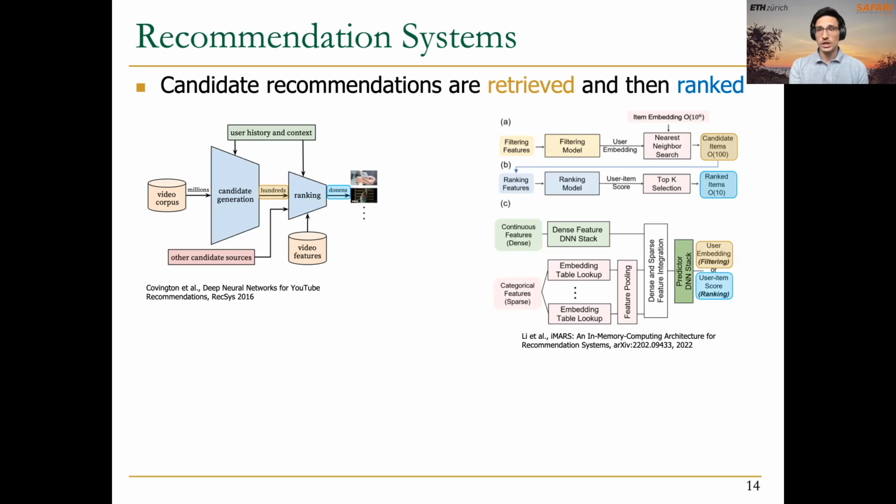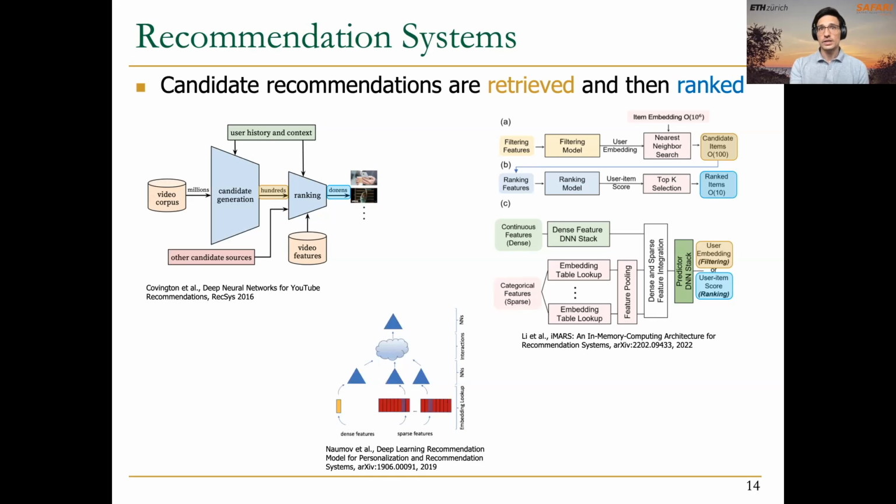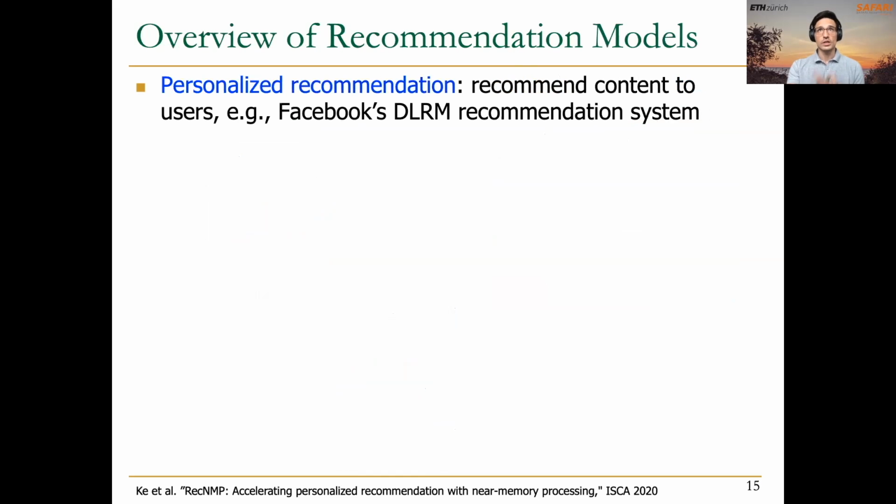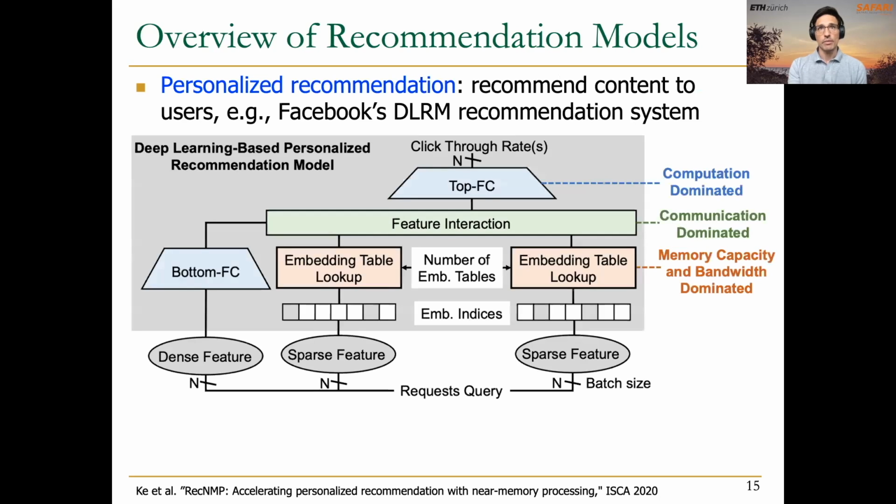And the one that you see here in figure C is based on the deep learning recommendation model that was proposed by Facebook in 2019. So we are going to focus on this DLRM recommendation system from Facebook. Here you can see a nicer picture of this model.